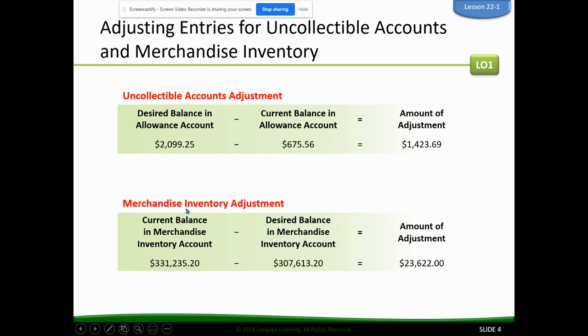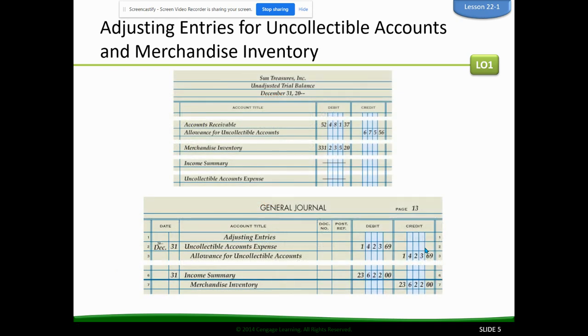It's going to be the same for merchandise. This is the number in the unadjusted trial balance. This should be the number of the inventory at the end, and then the adjustment is going to be the difference. And you guys all know the difference means subtraction.